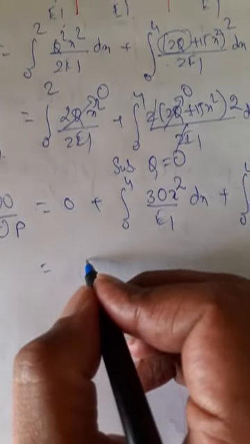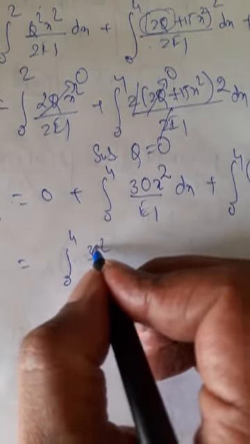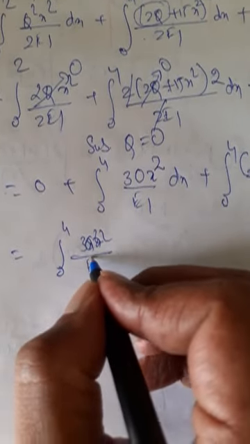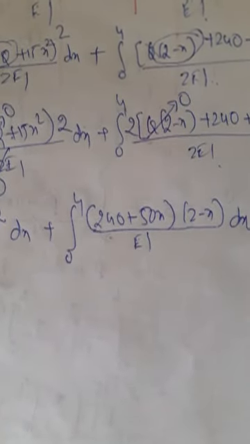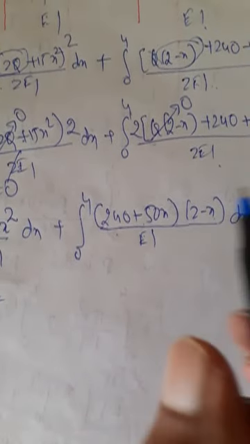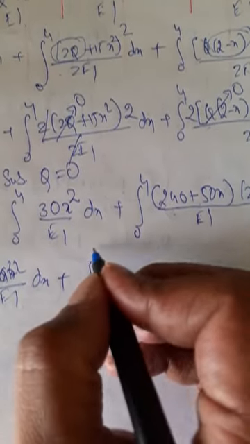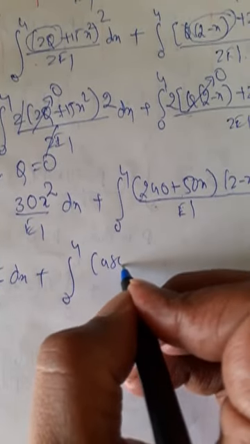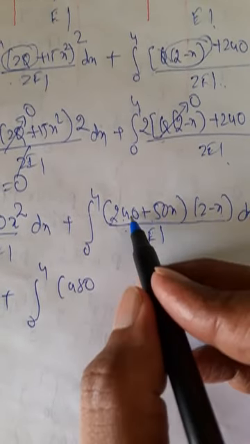It is equal to integration 0 to 4 of 30x square by EI dx plus, first let me solve this bracket. 240 into 2 is 480.